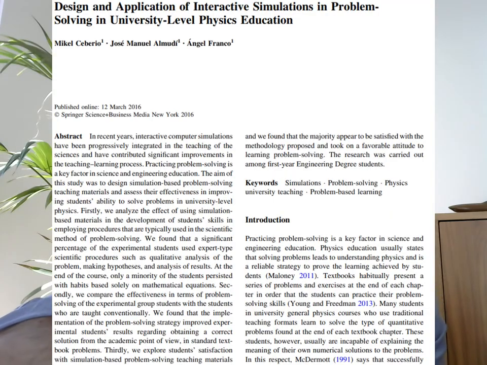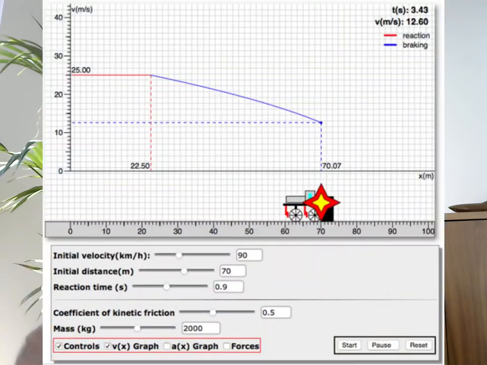Finally, in this study from 2016, where they tried to use simulation models to teach university-level physics, they discovered that by using simulation as an exploratory tool where students can change parameters to see the behavior of the model, they learn much more and they become more scientific in the way they resolve their problems.